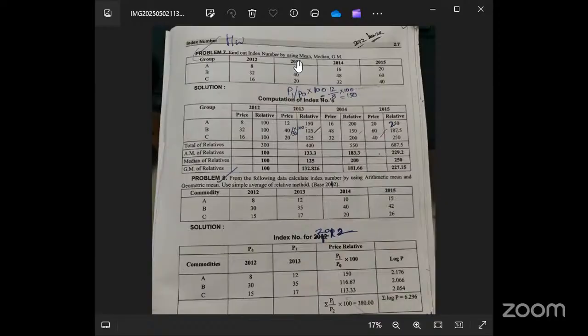So in the next class we will see how to complete this topic, index numbers.